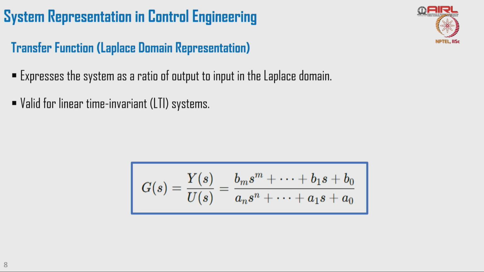How? If we make the numerator polynomial equal to 0 and solve the equation, it gives us the zeros. At the zeros, the transfer function of the system becomes 0. Now, if we make the denominator polynomial equal to 0, we get the poles.